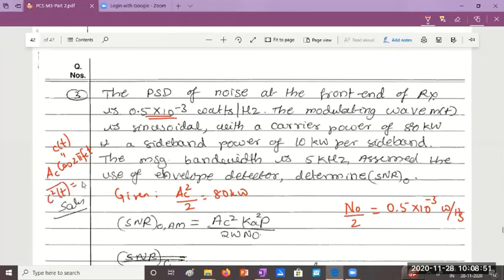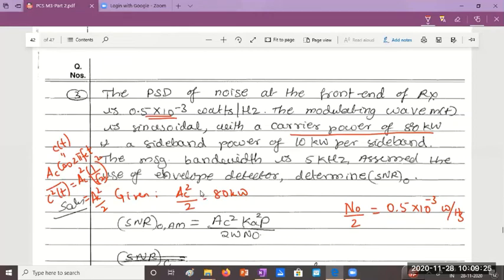Average power of the carrier signal will be AC square into 1 by root 2 whole square, or in other words, AC square by 2. He has given us that carrier power here, so you have to define it as AC square by 2. I hope this is clear how we got carrier power as AC square by 2, because carrier is always AC cos 2 pi FCT.